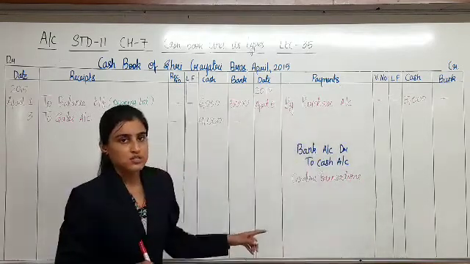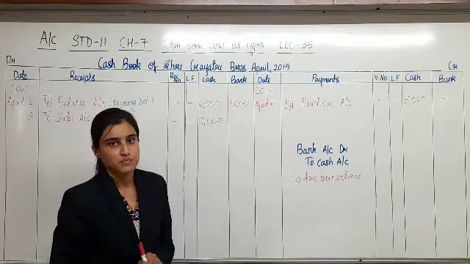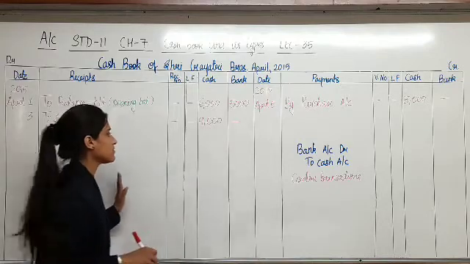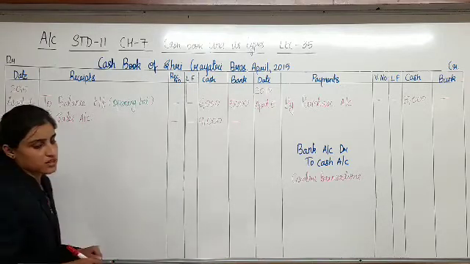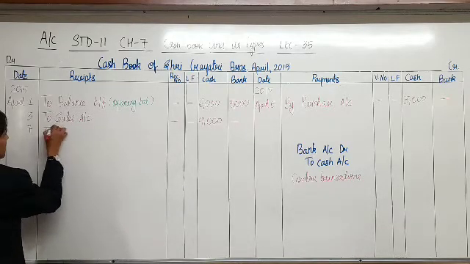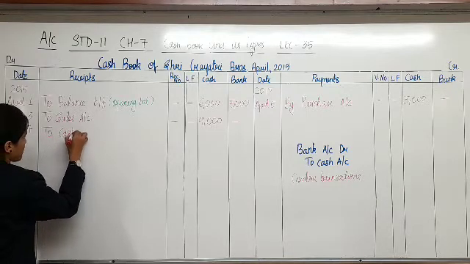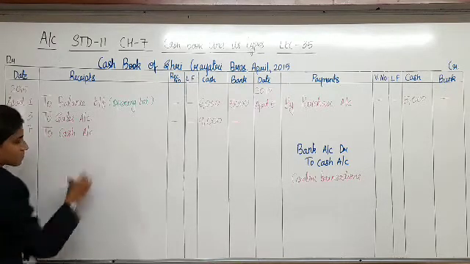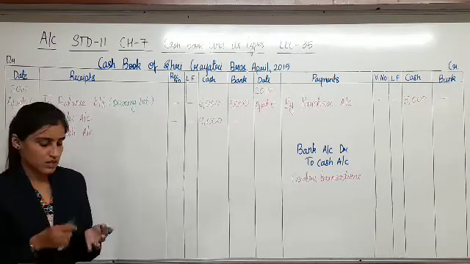The transactions having effect on both the sides of cash book. So firstly we will record this on receipt side. Receipt side on 7th of April we will be writing to cash. Let me write this differently so that you can recognize it well.